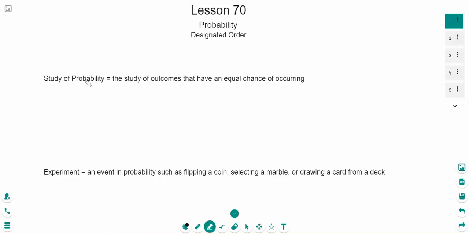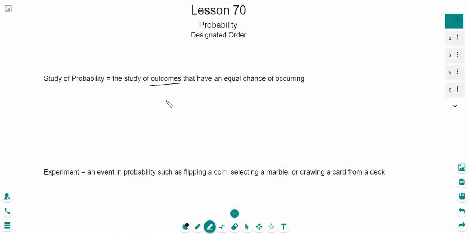Okay, so the strict definition here, the study of probability is the study of outcomes that have an equal chance of occurring. Now, a couple of key words here, outcomes, and we'll talk a little bit more in depth about outcomes later on, but essentially outcomes are the outcomes of experiments.